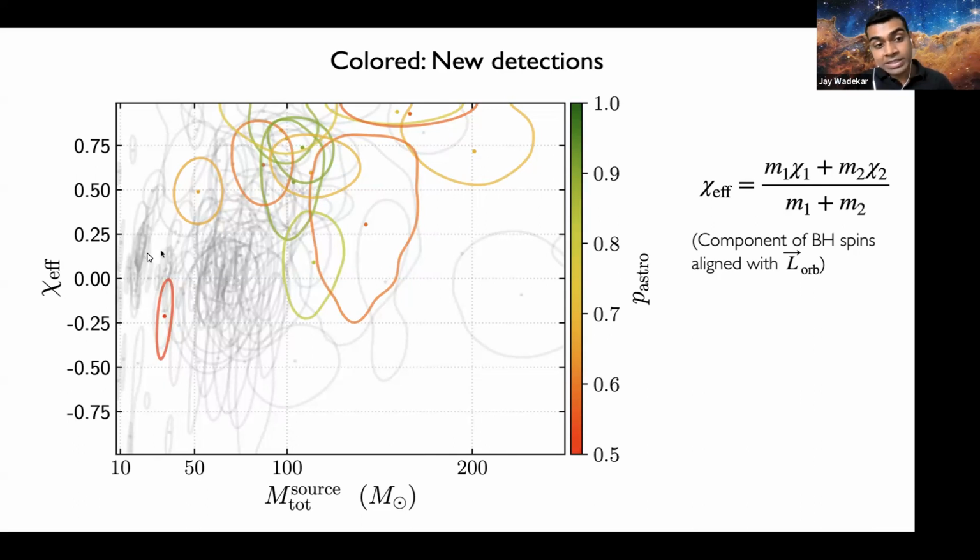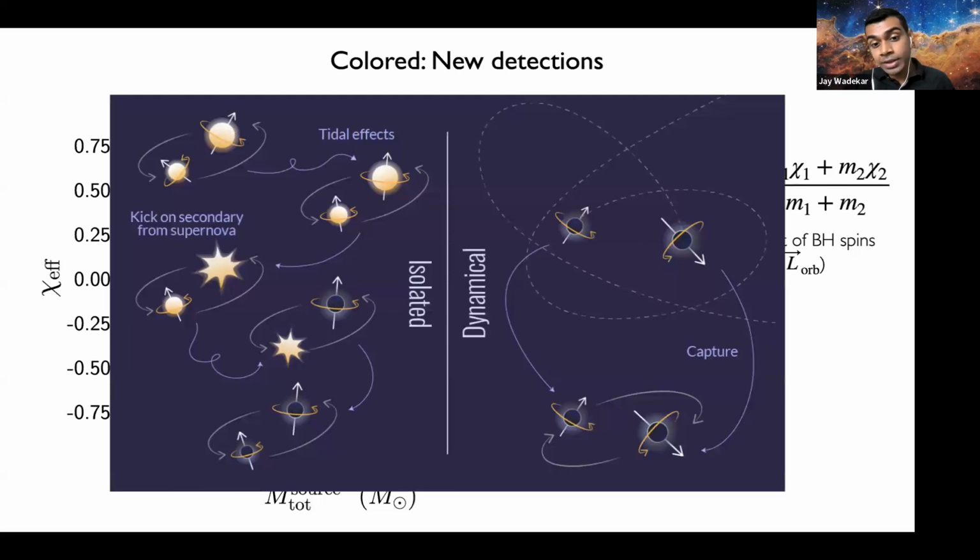In this catalog, among the new detections and also in the previous ones, there has been a slight preference towards positive chi effective. That has been interesting because chi effective is one of the parameters which could maybe distinguish some of these channels that people have proposed to make these binary black holes.